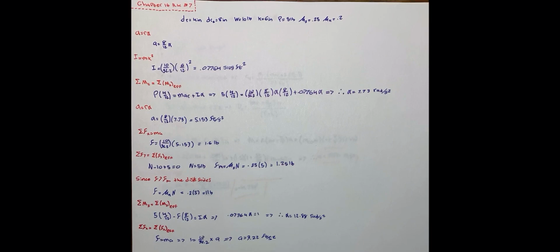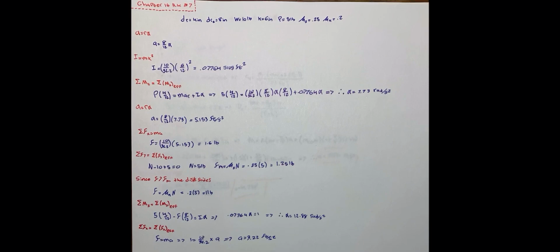And we know, since F is greater than Fm, that the disk must slide. So now we can solve with the kinetic friction coefficient, mu kinetic, and get about 1 pound.